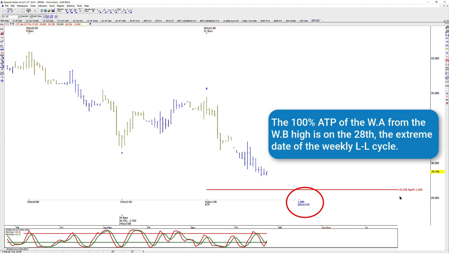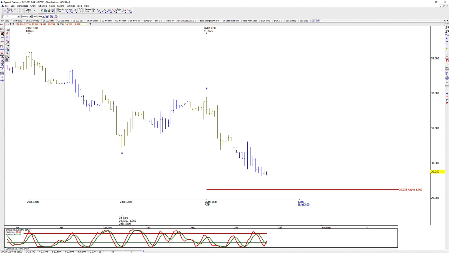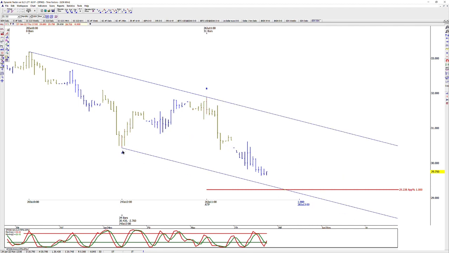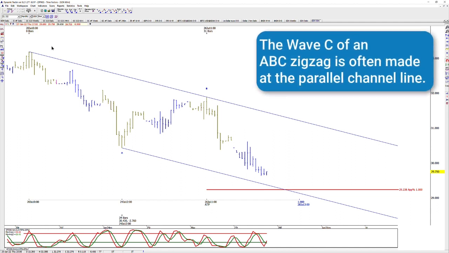One other thing we might want to put on here, and I'm keeping this real simple: whenever a market's in a position to complete an ABC correction, and it's working on potentially a wave C, just put the parallel channel lines where the beginning of the ABC to the wave B high, and then you do a parallel line from the A. That's a real typical area where the wave C would be complete.